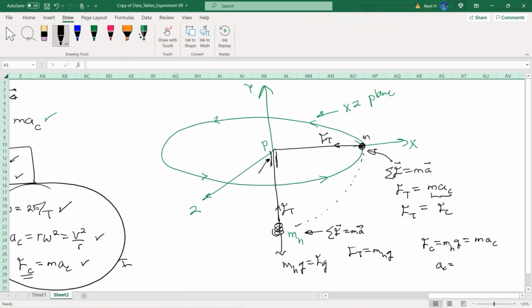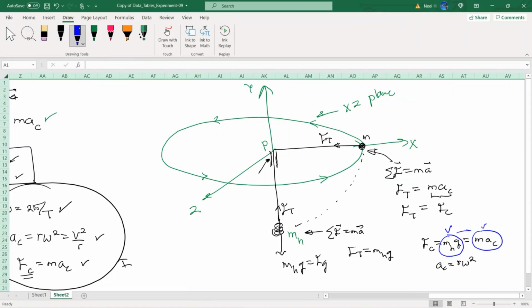Centripetal acceleration we know, which is equal to r times omega squared. Now we can calculate F_c by using two different methods. One by knowing the hanger mass and the force of gravity. One by knowing the moving object mass and the centripetal acceleration.